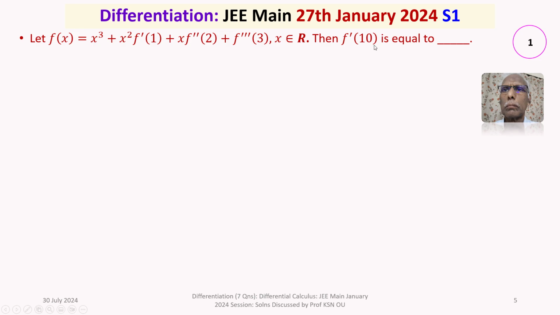Then f prime 10 is equal to. Right. Let's now discuss the solution of the problem in detail.